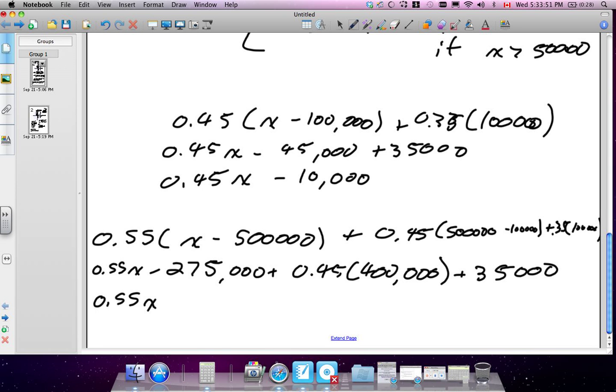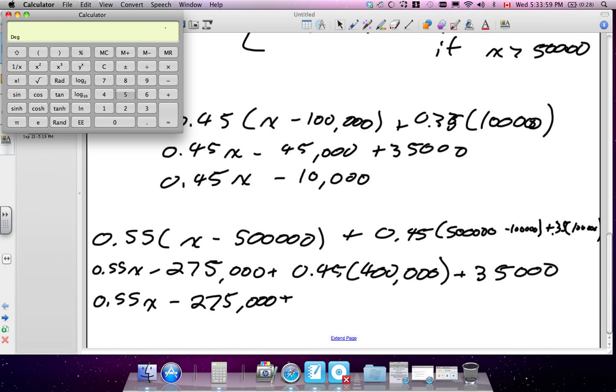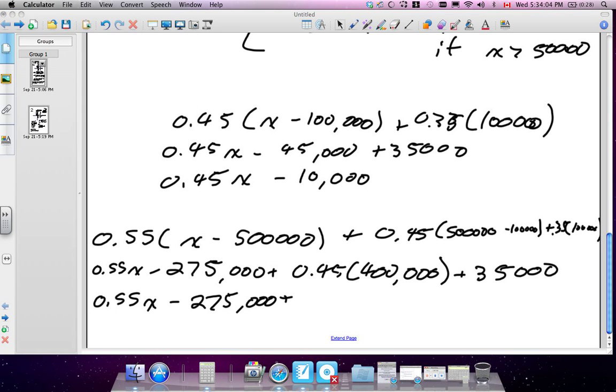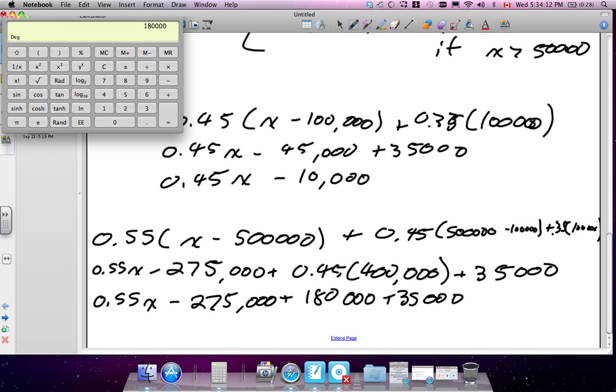So 0.55x minus 275,000 plus 0.45 times 400,000. 0.45 times 400,000 is 180,000, plus 35,000. And then finally, we get negative 275,000 plus 180,000 plus 35,000, and boom, minus 60,000.